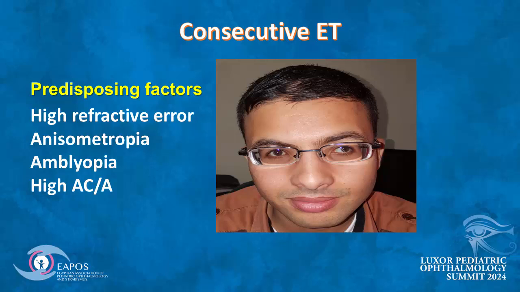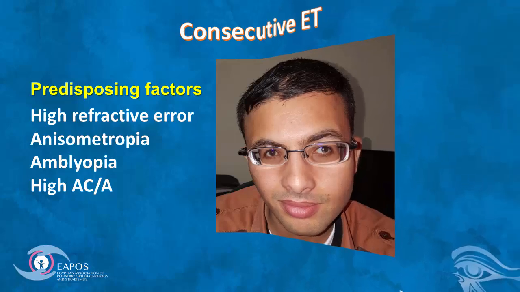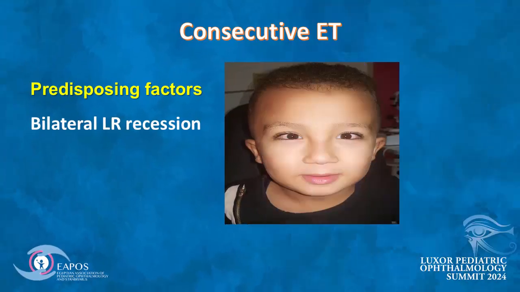High myopia is liable to consecutive exotropia, as are anisometropia, amblyopia, and high AC/A ratio. In case of bilateral recession, the finding of consecutive exotropia as a complication is more than if we do another surgical regime.